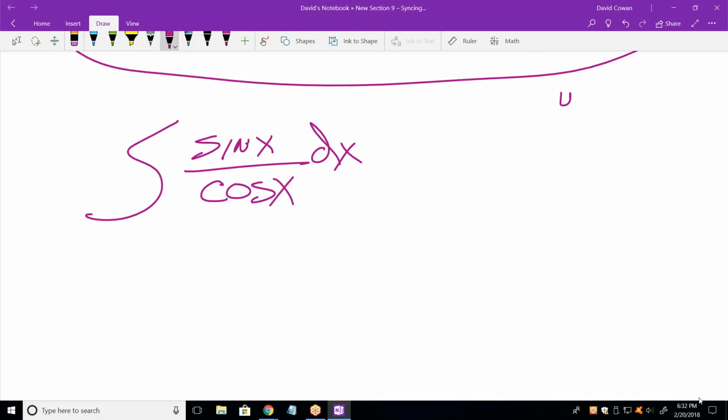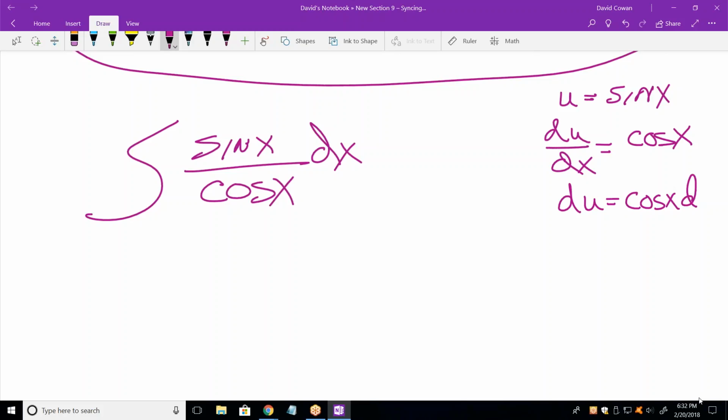If I let u be sine x, then du dx equals cosine x. So du would be cosine x dx, and dx would be du divided by cosine x.